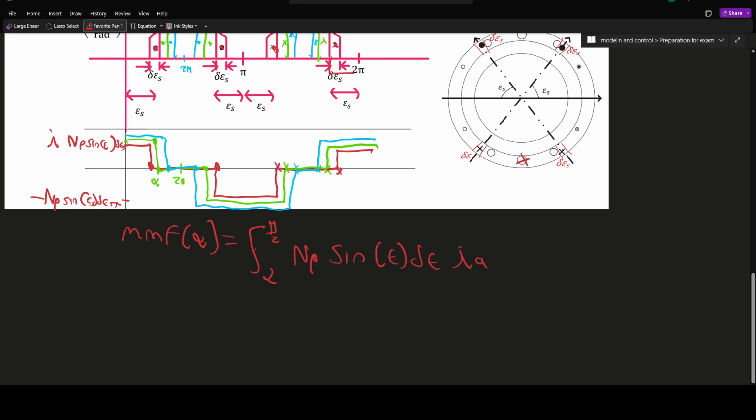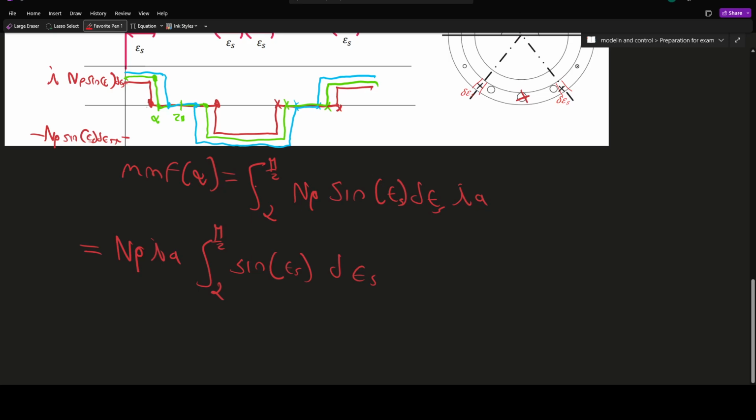Okay, so this is just equals to, we take out the constants, and we're gonna have here 2 pi epsilon. Here we're gonna have sine epsilon x. This is epsilon x. Well, they're all epsilon x. And the integral of sine is minus cosine.